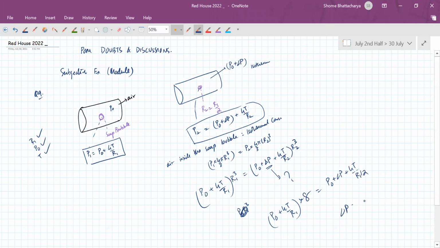So this delta P, the increase in pressure, will become 8 minus 1, 7 P naught, plus 32 minus 8, so that's 24 T by R1. This should be the increase in pressure. So the net will be, of course, this plus P1. Okay, so Kevin, hope this question is also clear.